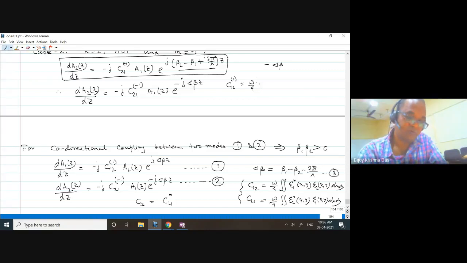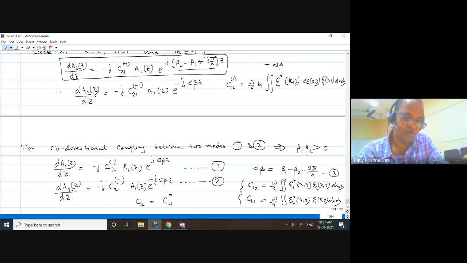That's the first Fourier coefficient, and then integration over E1 star xy delta epsilon xy, some profile delta epsilon xy, and E2 xy.